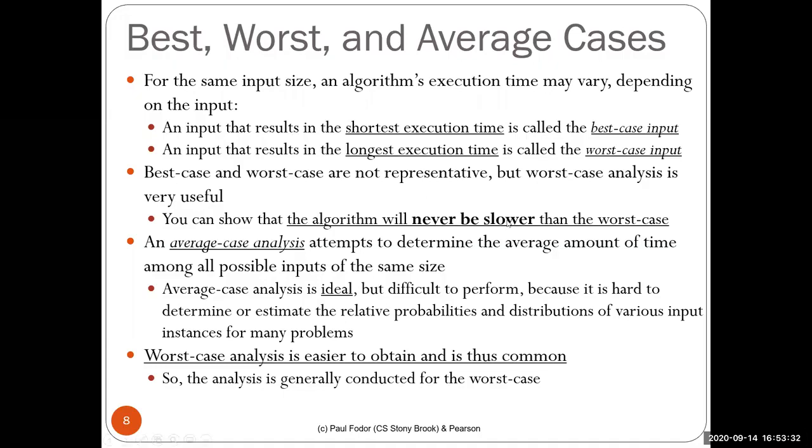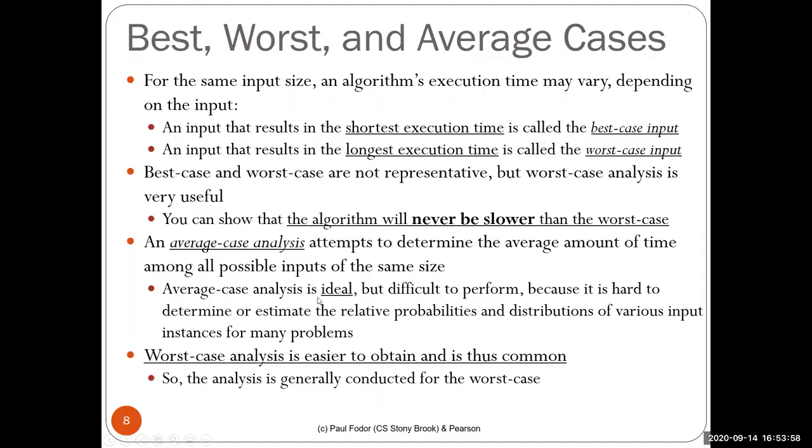So if the worst case, like in binary search on a sorted array, is log of n, where n is the size of the array, it tells us that you cannot do worse than that. Log of n is the worst time that you can get for binary search.